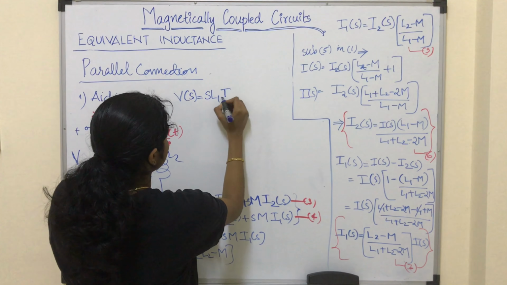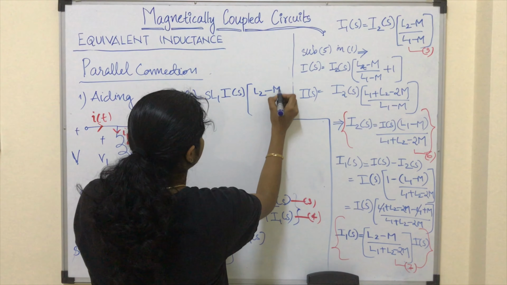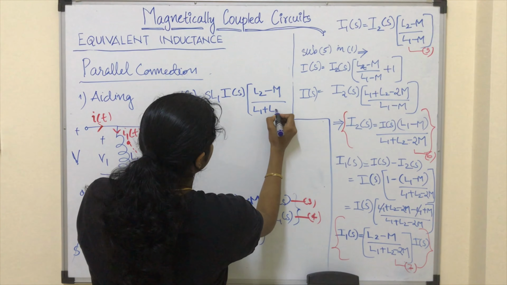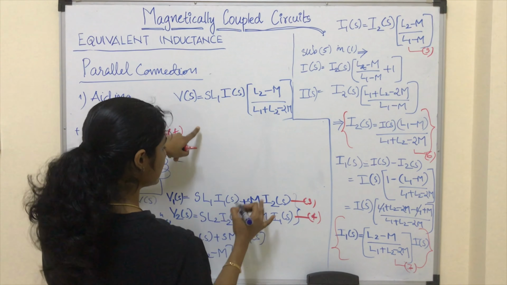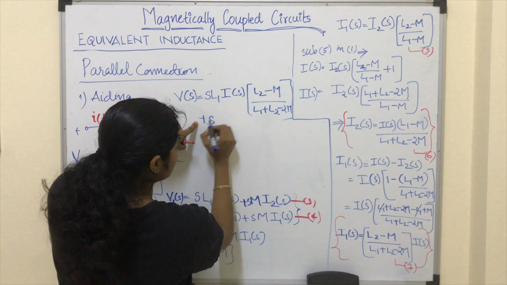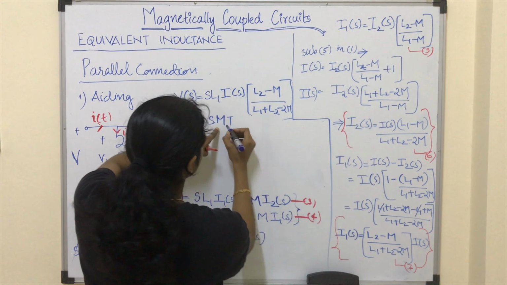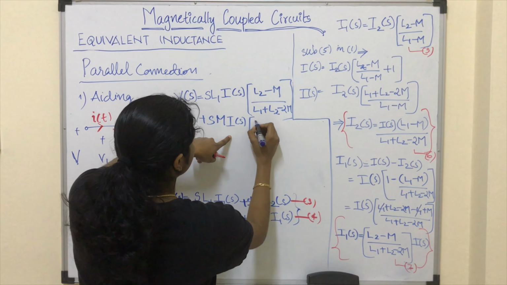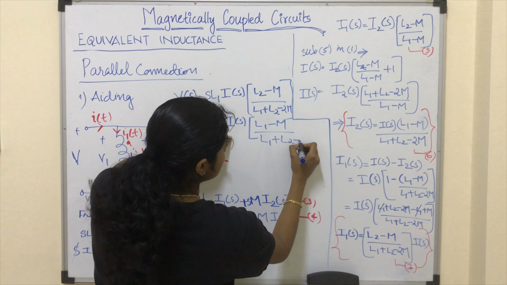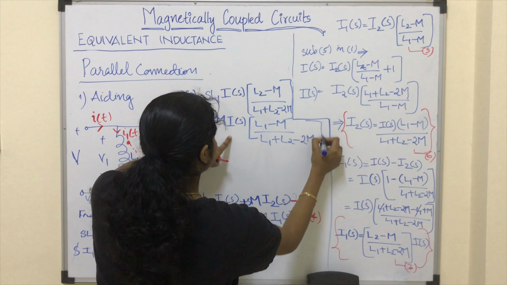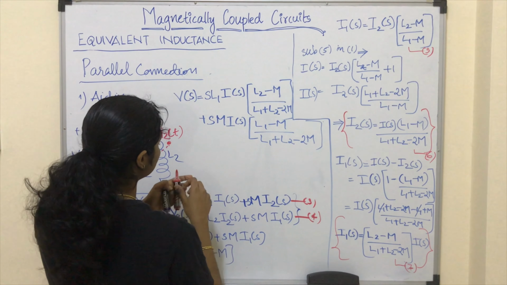I of S into (L2 minus M) divided by (L1 plus L2 minus 2M) plus S into M into I2 of S. I2 of S is nothing but I of S into (L1 minus M) by (L1 plus L2 minus 2M).